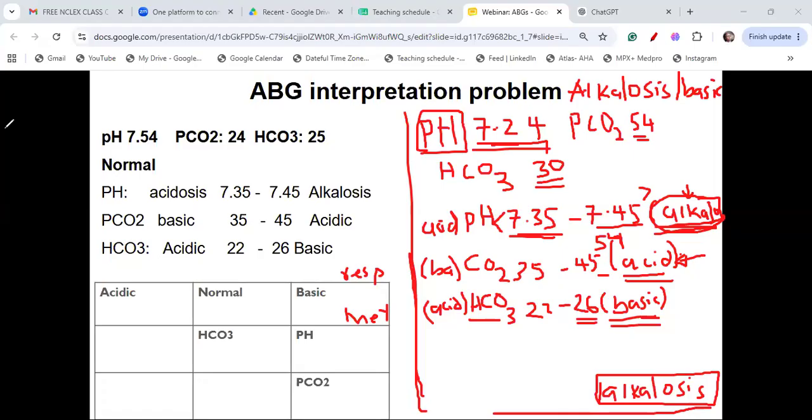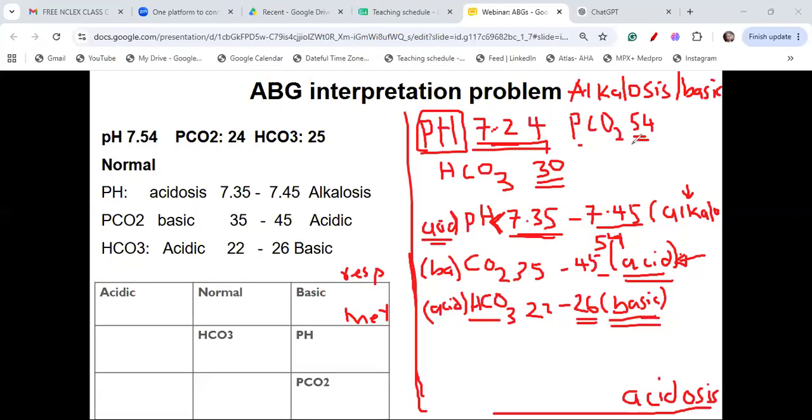Let us just do it together. So our pH is 7.24. It is less than 7.35, so it is on the acidic side, okay? Hence the name acidosis. We've just altered the pH alone. The rest of the things remain the same.